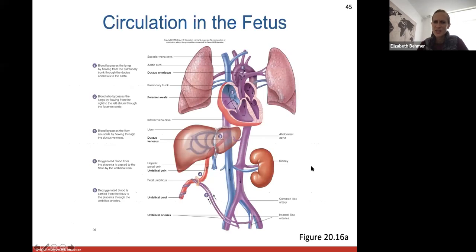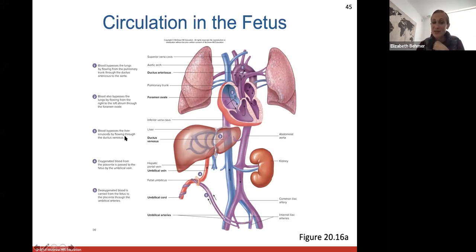So here is circulation in the fetus. Blood will bypass the lungs by flowing from the pulmonary trunk through the ductus arteriosus to the aorta. So this is the ductus arteriosus hole for blood to bypass going to the lungs to go right into the aorta. Number two, blood also bypasses the lungs by flowing from the right to the left atrium through the foramen ovale hole. And again, that hole will close when the newborn takes its first breath.